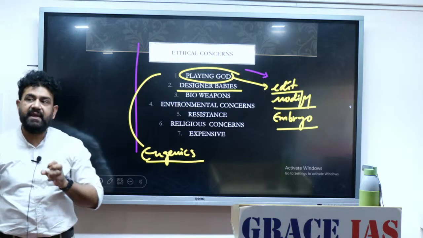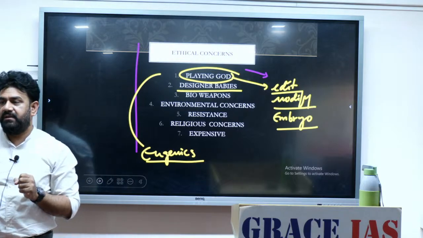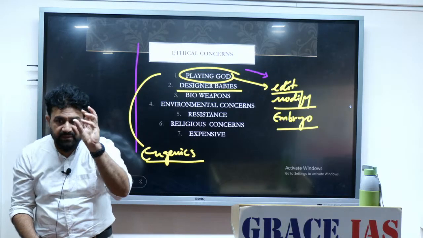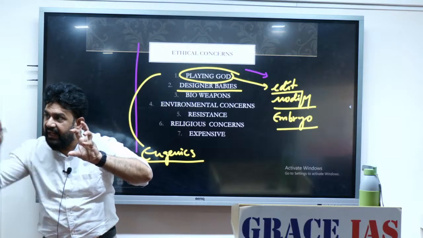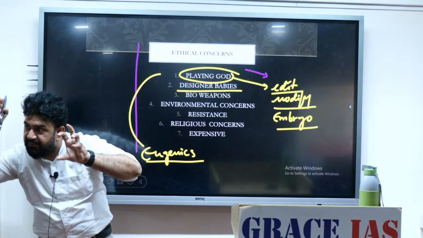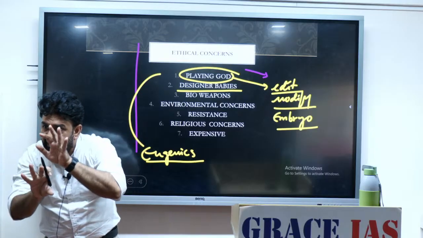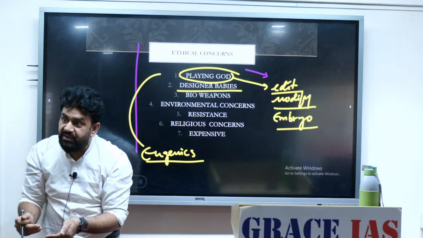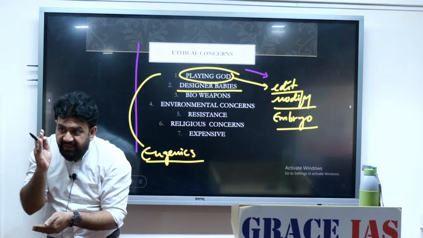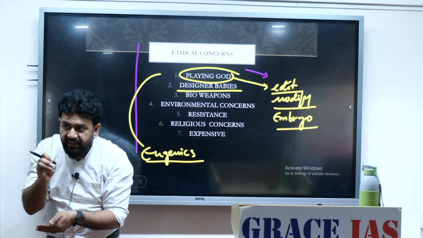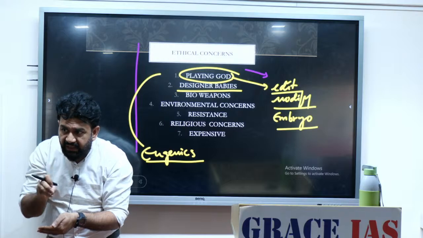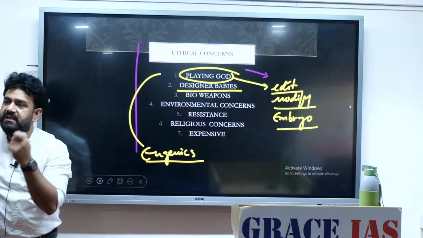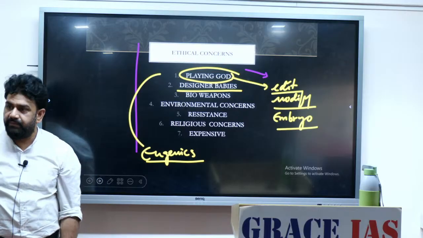If it is done based on genotype, genotype meaning genetic composition, and you select organisms based on specific genes and allow them to mate with another organism with a specific genetic composition so that their offspring will be born with a specific desirable genotype and phenotype, then that type of experimental selective mating of organisms based on genotype and phenotype is called eugenics, a branch of genetics, a branch of biotechnology also.